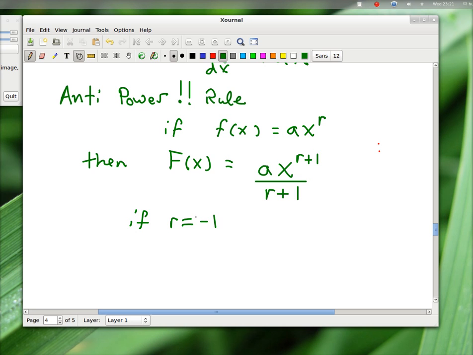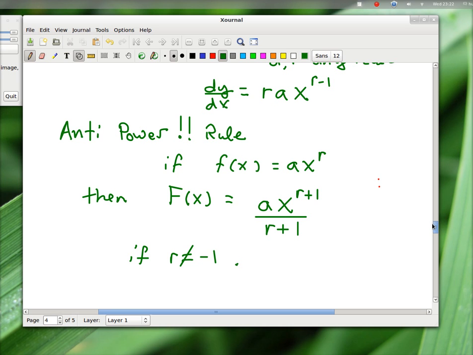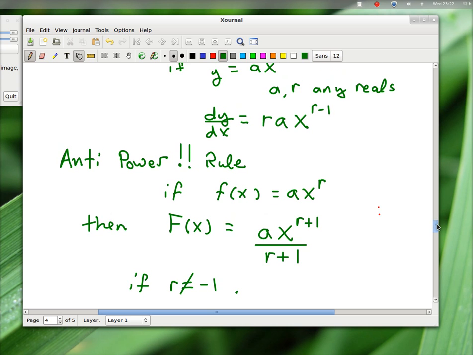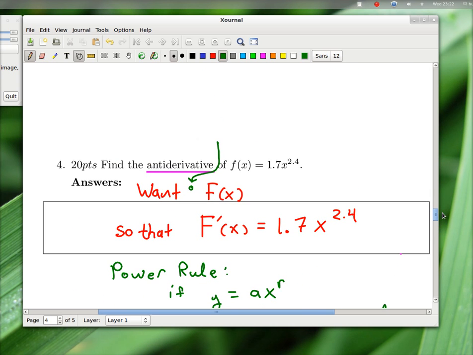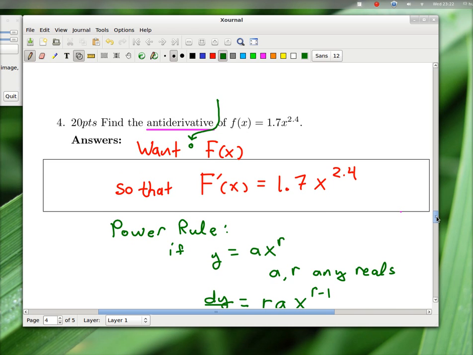You'll find out what happens when r is equal to minus 1 later. There's an explanation of that, but for now let's just assume that r is not minus 1. So here now I have a formula. Once you have a formula, the problem is always done.